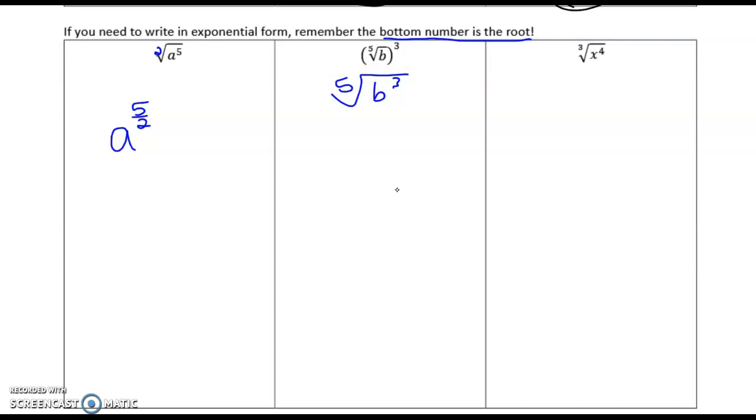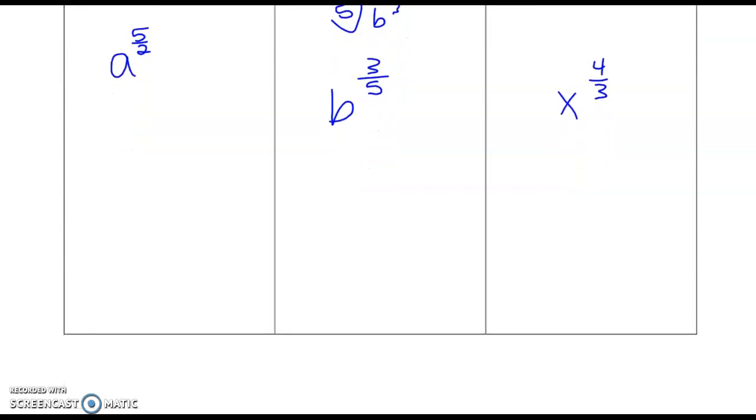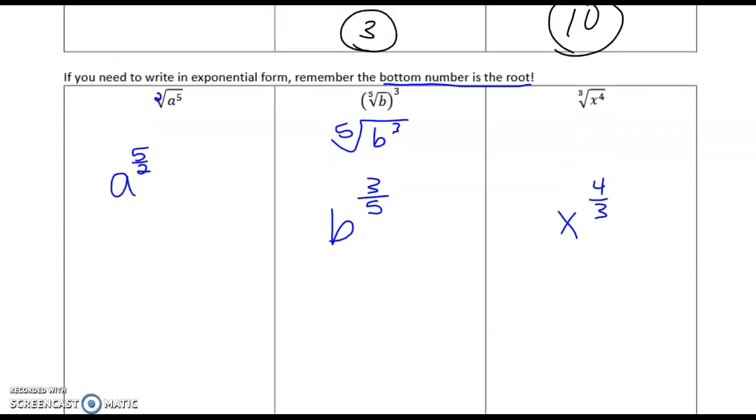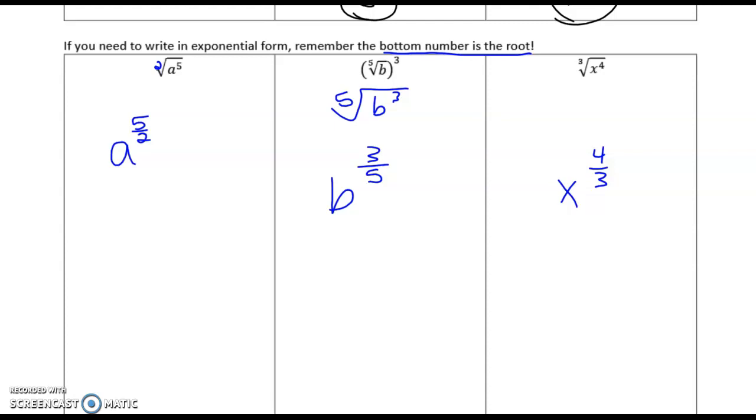It doesn't matter which one you do first, the 5th root or the 3rd power. So we can rewrite this one as b to the 3rd over 5. And finally, the last one would be x to the 4/3. All right, your assignment is on Go Formative, so you guys can get started with it.